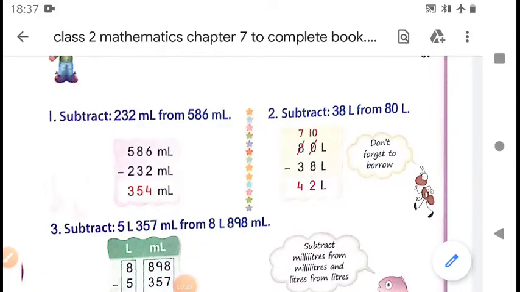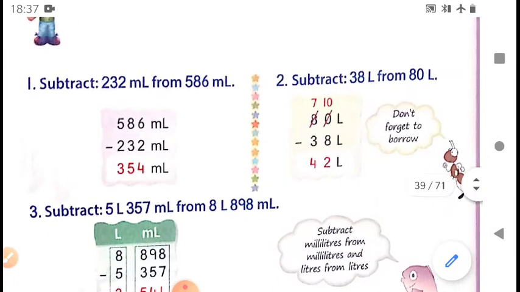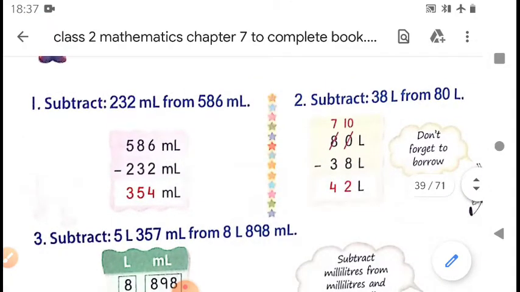So, let us start with the first example. The first example is subtract 232 ml from 586 ml.